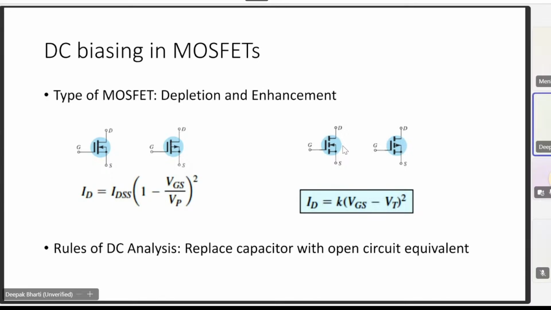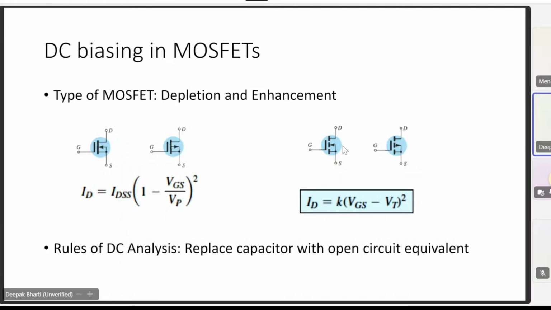In the depletion MOSFET, we have Shockley's equation: ID is equal to IDSS times (1 minus VGS by VP) whole squared. Whereas in the enhancement MOSFET, we have the standard FET equation in the linear and saturation modes. Since these two current equations are different, the nature of the biasing will also vary.